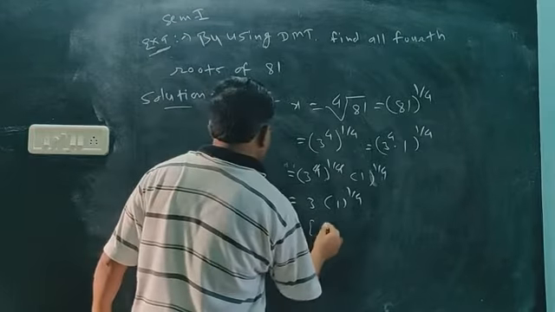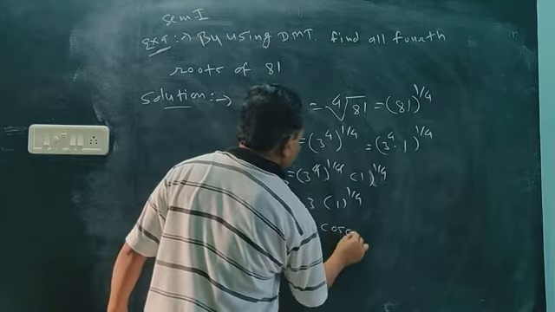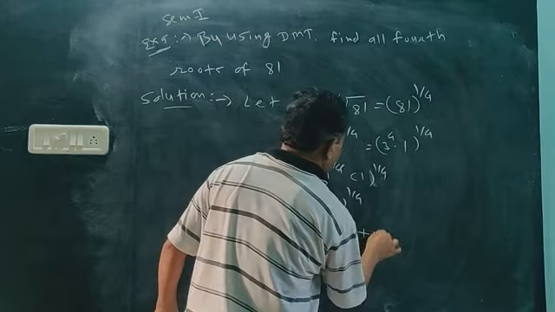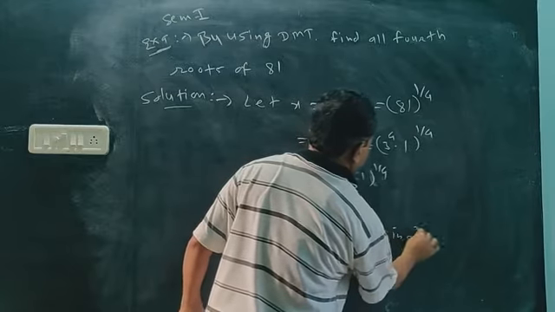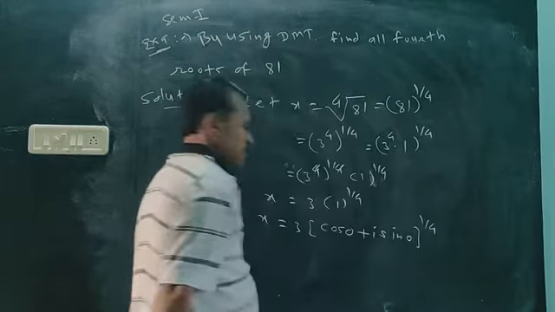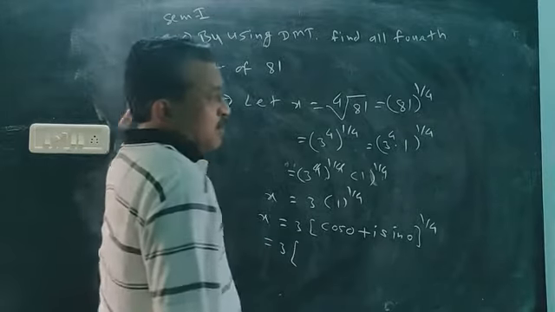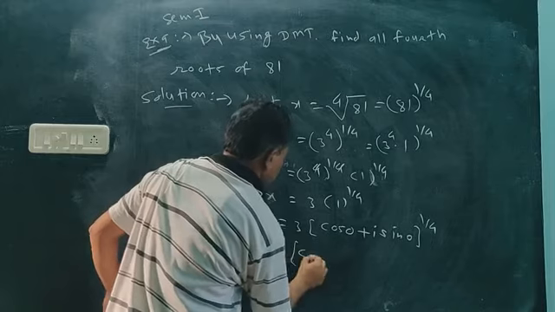So 1 means we convert to trigonometry, because De Moivre's theorem is in trigonometry: cos 0 plus I sin 0. Again we know sin and cos are periodic functions.